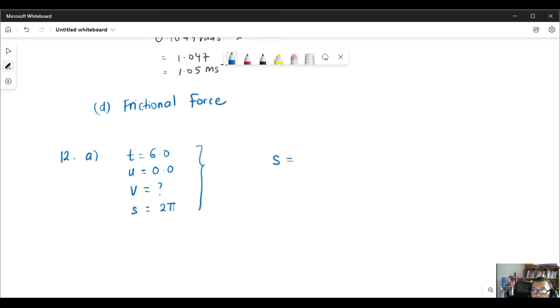S equals to 1/2 (U plus V) times time. So we can use the similar formula for this. S in Form 5 refers to displacement. Here S represents the angle, which is 2 pi.